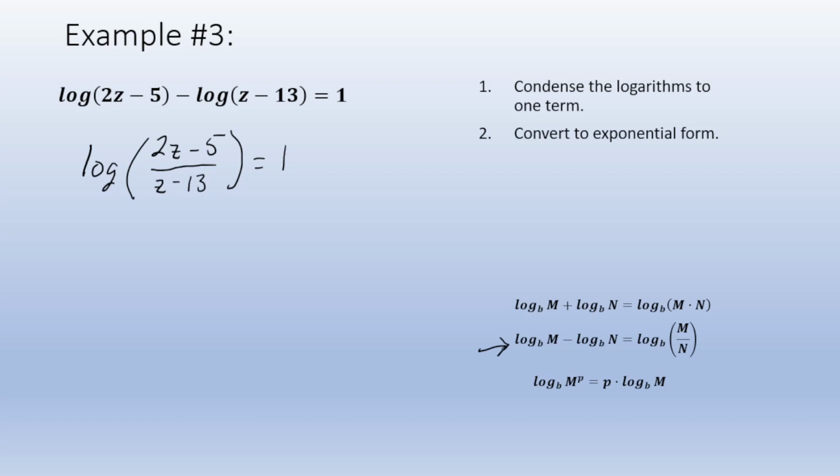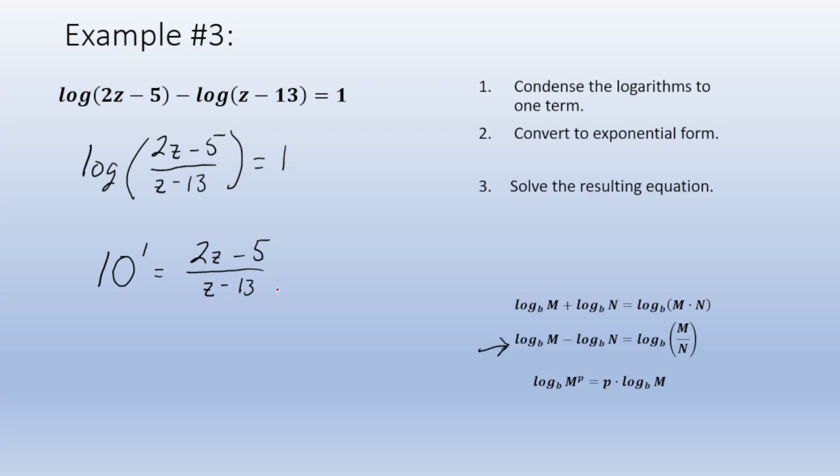Recall that if we do not see a base with a logarithm, it's understood to be the common logarithm, which has a base of 10. Converting this to exponential form would then give us 10 to the first power equals the argument 2z minus 5 over z minus 13. And then from here, we just solve the resulting equation.